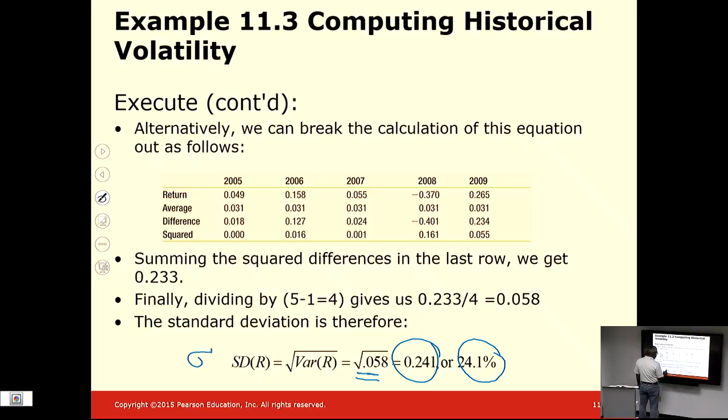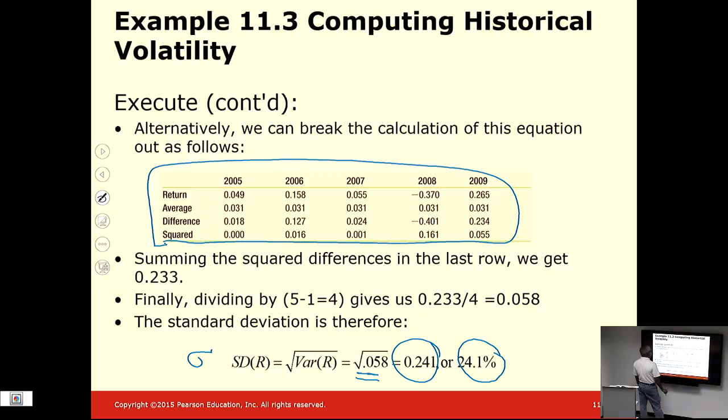This is my sigma. I'll interpret this in a moment, but let me take you through this table. And I suggest you use this tabular format to work out your problems from this chapter. Whenever you have to calculate standard deviations, you have the returns. Again, you could have entered them as percentages or as decimals. Either way would give you the same thing. Then the next row you have averages. The next row you are taking the difference between these two. And the next row you are squaring the differences.